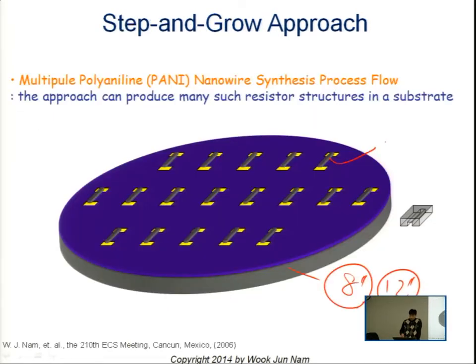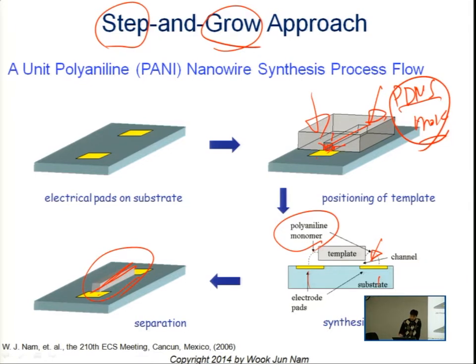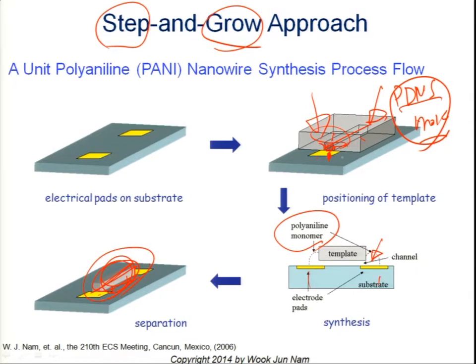But the thing is, after growth, this nanowire has three interfaces with the mold, and one interface with the substrate. If the adhesion of the grown material with the mold is higher than the adhesion with the substrate, the grown nanowires can be removed when we remove the mold structure.